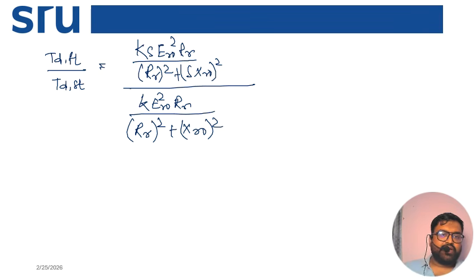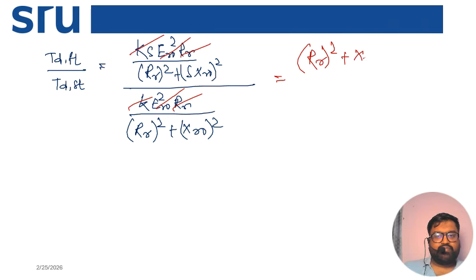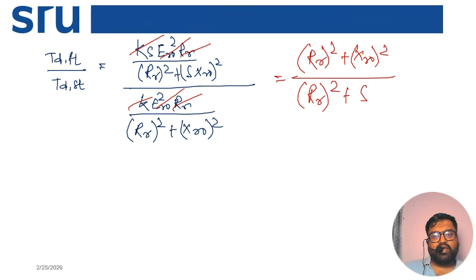Now you see what parameters cancel out. K and K cancel, ER0 square and ER0 square cancel, RR cancels. Now what will come? RR square plus XR0 whole square divided by RR square plus S into XR0 square.